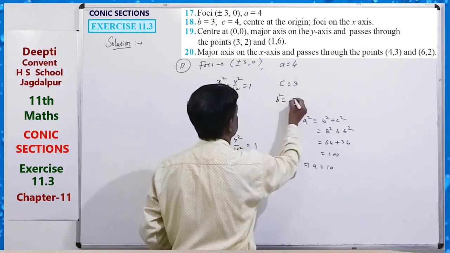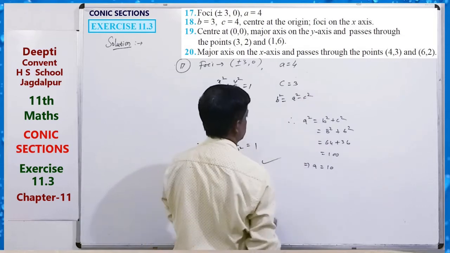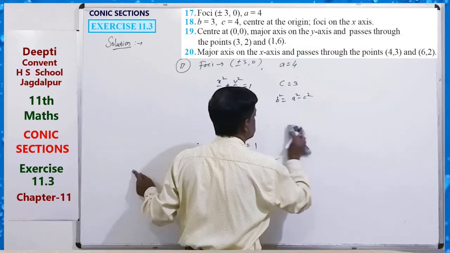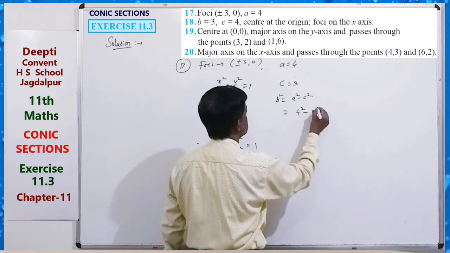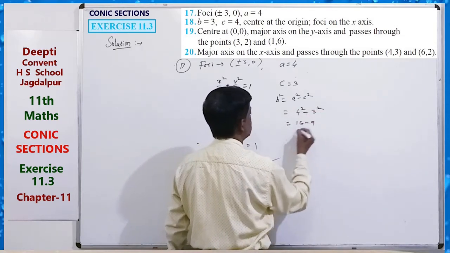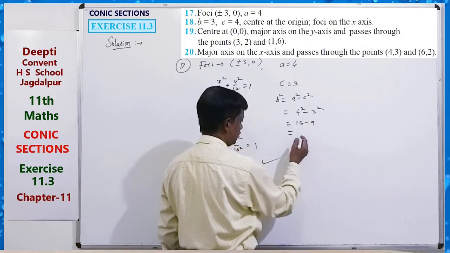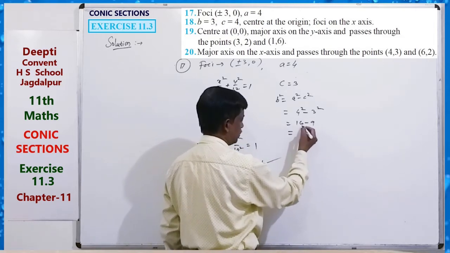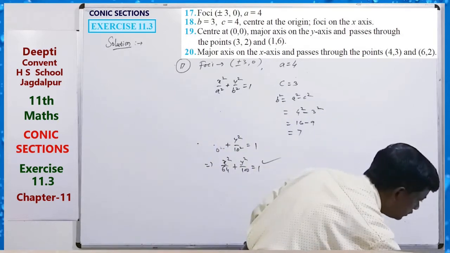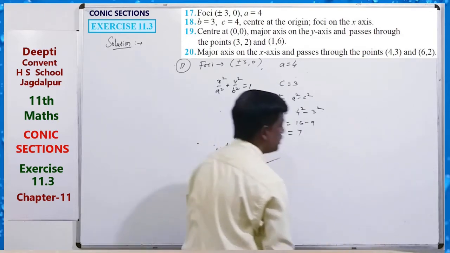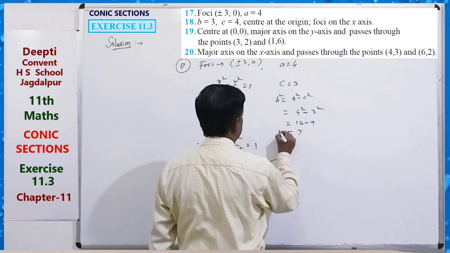Since a and c are given, b square equals a square minus c square, so we can find the value of b. A square means 4 square minus 3 square, 16 minus 9, which is 7. So b square equals 7.